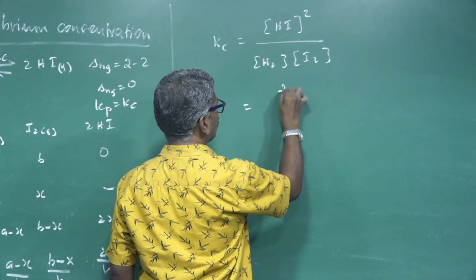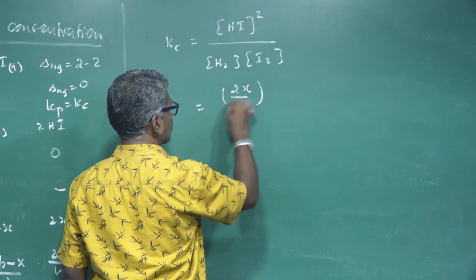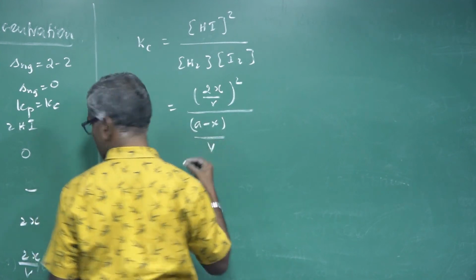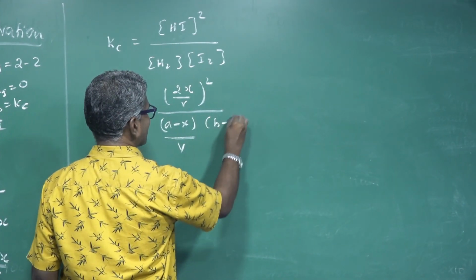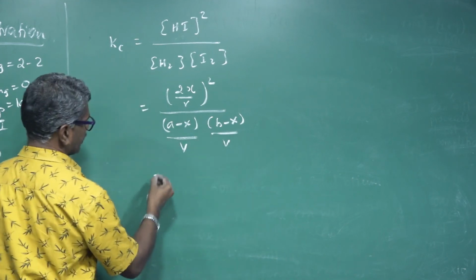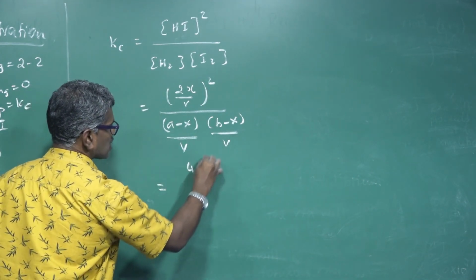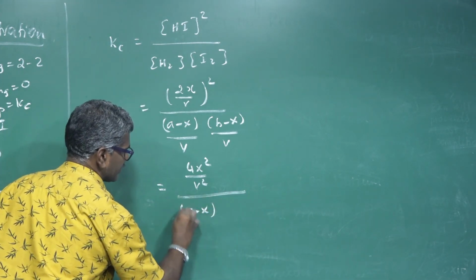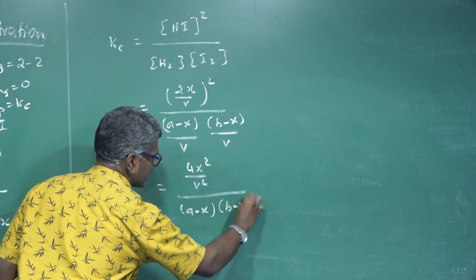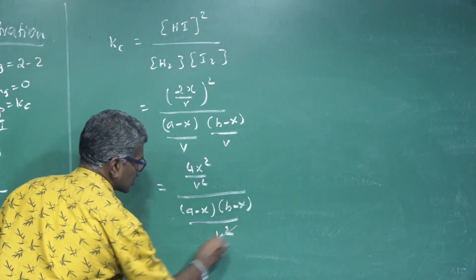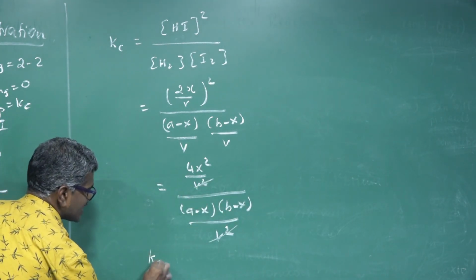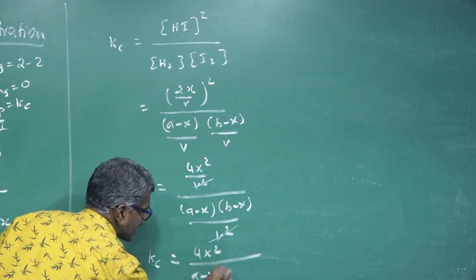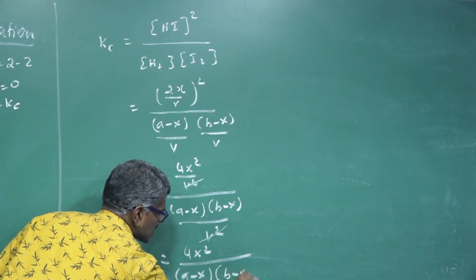That is, 2x divided by V, squared, divided by A minus x by V times B minus x by V. This is 4x squared by V squared divided by A minus x into B minus x by V squared. V squared cancels, so Kc is 4x squared divided by A minus x into B minus x.